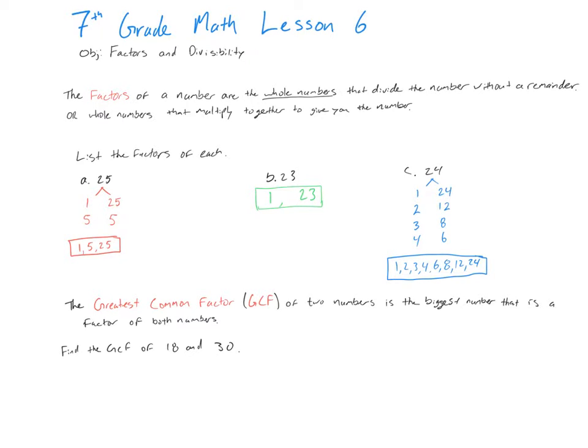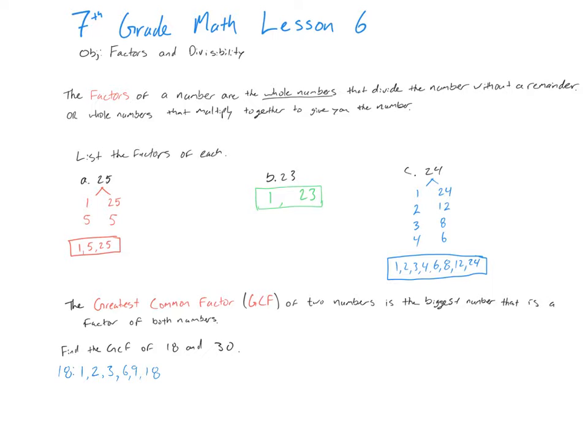So let's look at the number 18, and try to list all the factors of 18. It's going to have 1, 2. All right, 1 times 18, 2 times 9, 3 times 6. 4 does not fit into it, 5 does not, so 6, 9, and then 18.